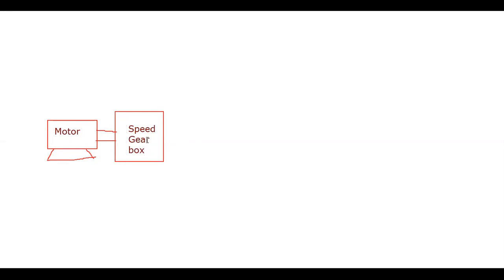Next, from the speed gearbox, we can see a bifurcation. That means one gear should be there, and it will be connected to another gear.